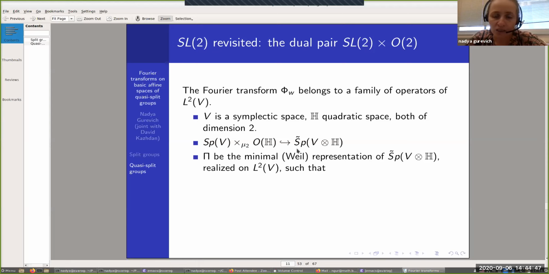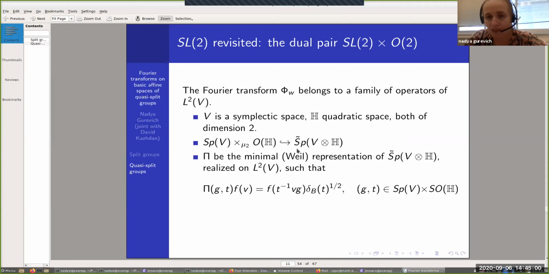This representation is realized on the space L2 of V such that SP of V, which is basically also SL2, times SO2 acts in a geometric way. This is a familiar formula which we introduced in the very beginning.